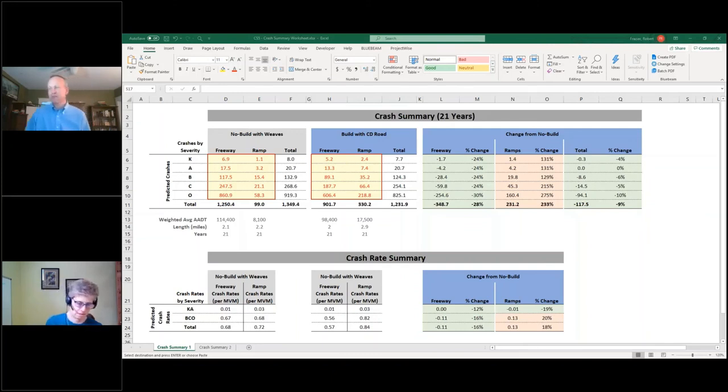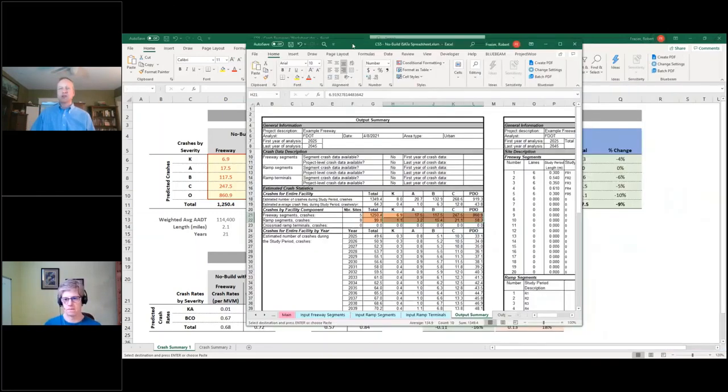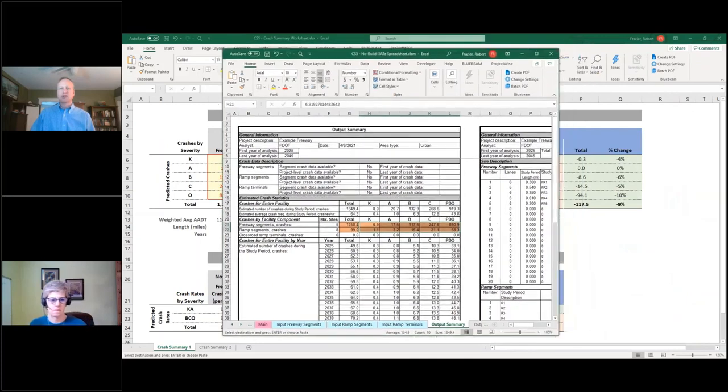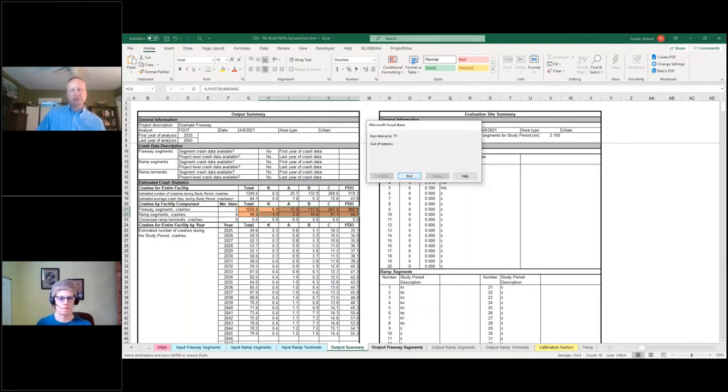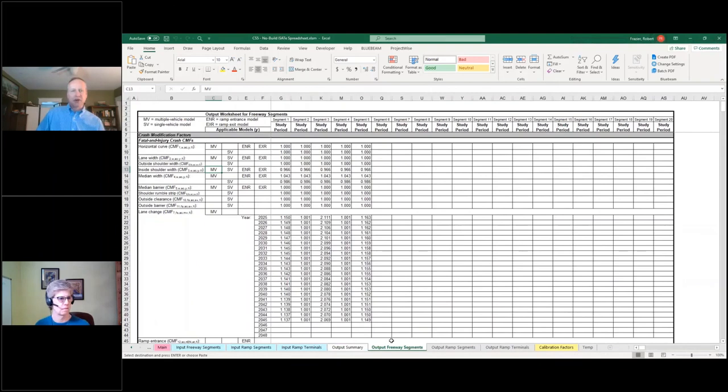Yep. And we'll pull over the spreadsheet and show where the CMFs for these ISATe spreadsheets are, on these three output sheets off to the right of the output summary.